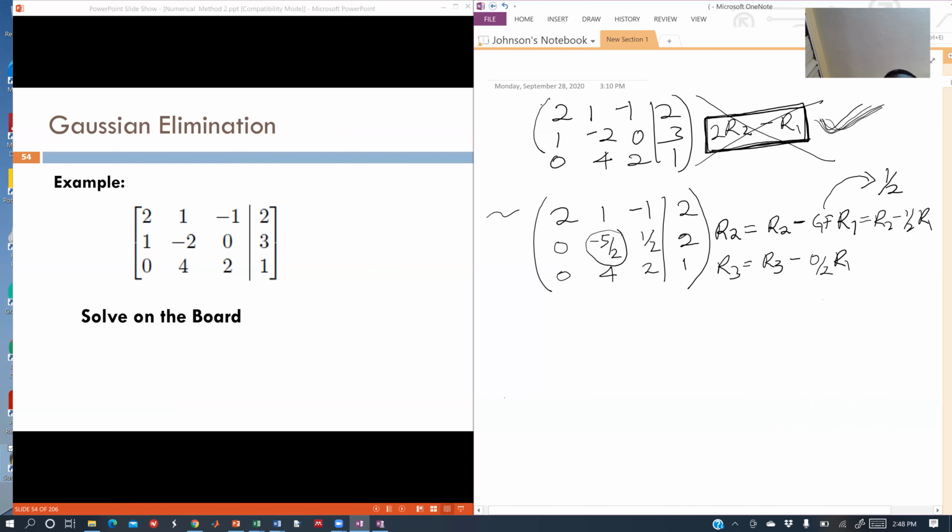So we keep our row 1, which is 2, 1, negative 1, 2, and keep our row 2, which is our current pivot row: 0, negative 5 over 2, 1 over 2, and 2.